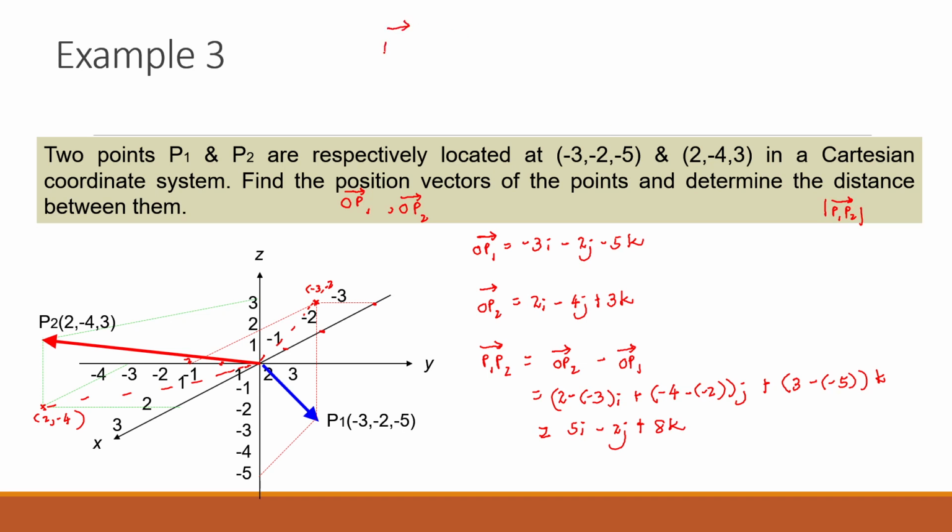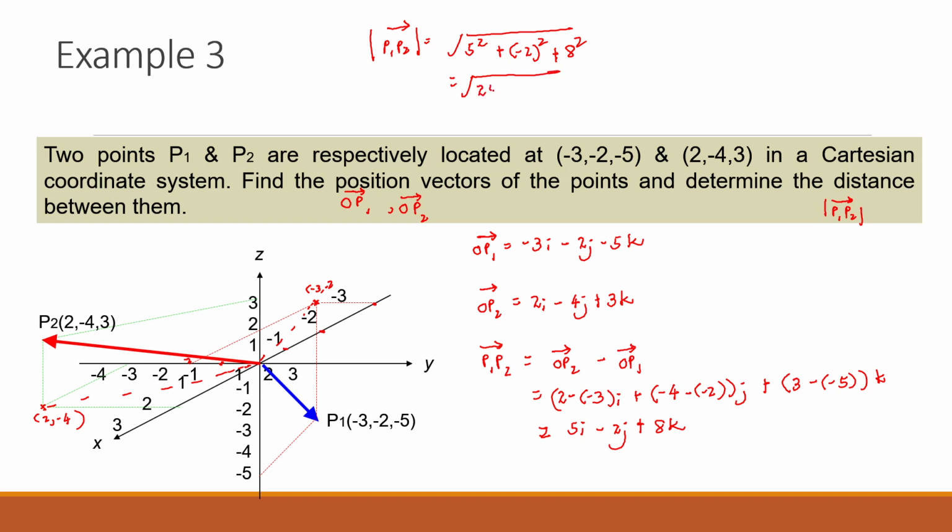So the distance P1 to P2, you have the magnitude. Take each component and square it, so 5 squared plus negative 2 squared plus 8 squared.